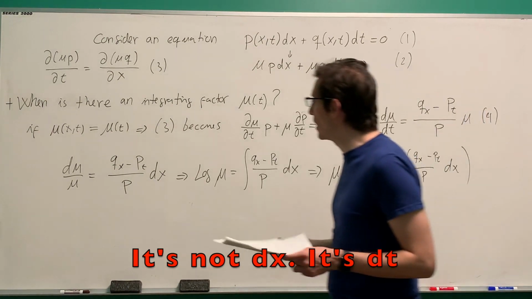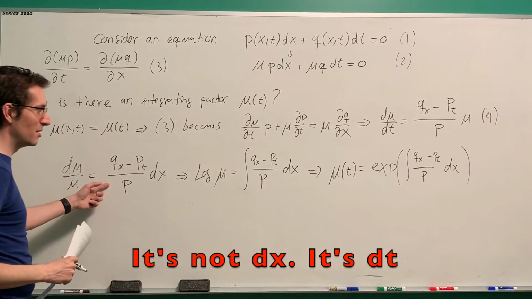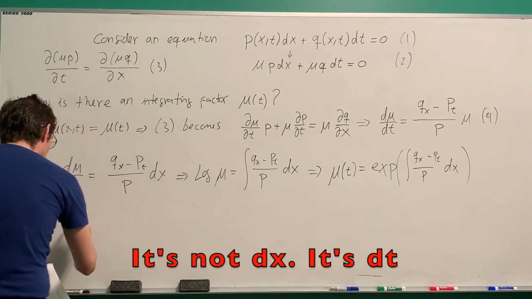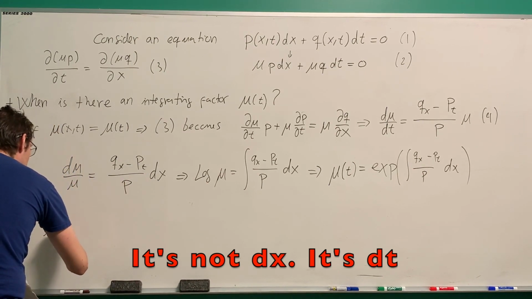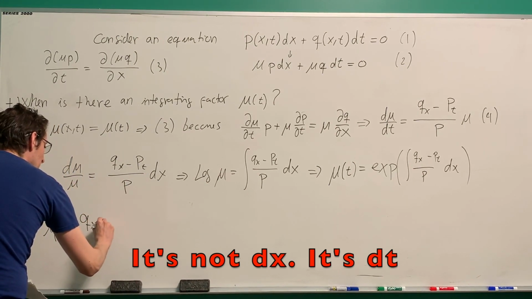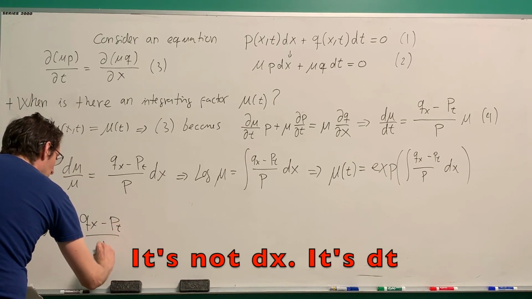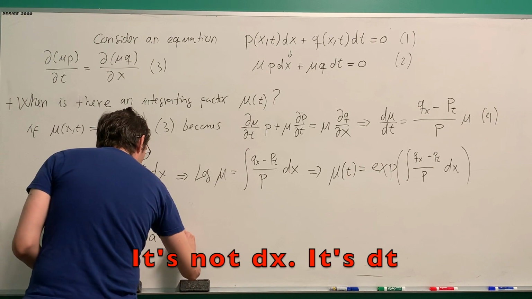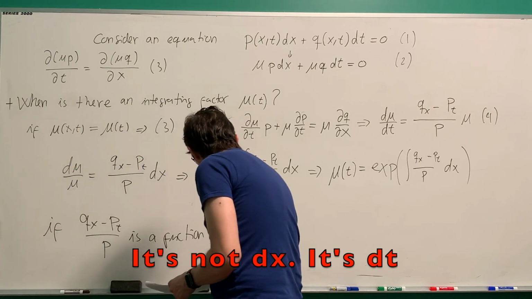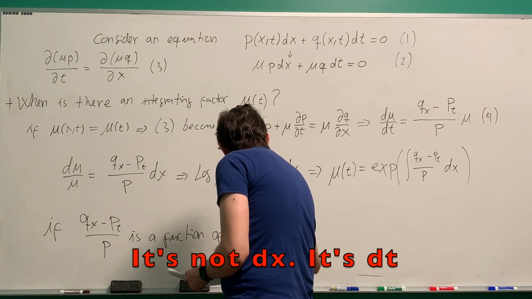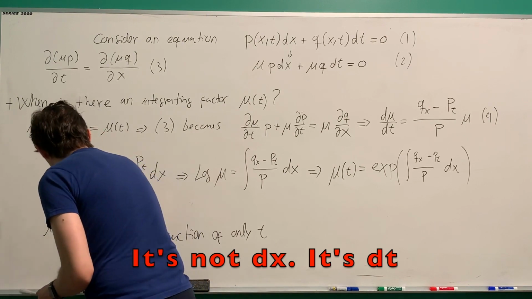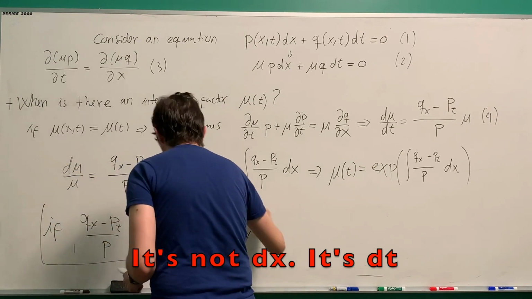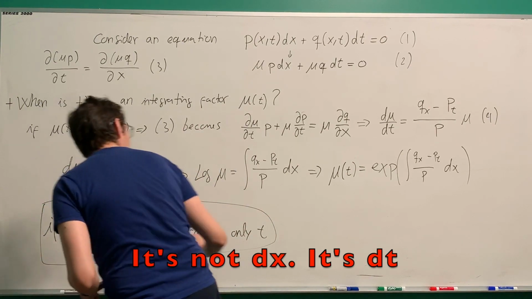Now, the condition for that to be true is that this thing has to be only a function of t, so let me write the condition. So if (qx minus pt) divided by p is a function of only t, right? That's the check.